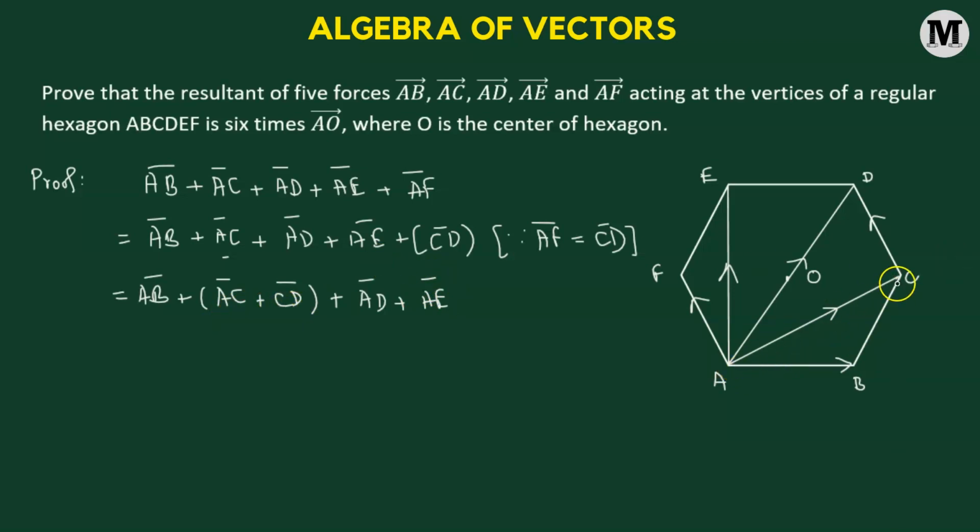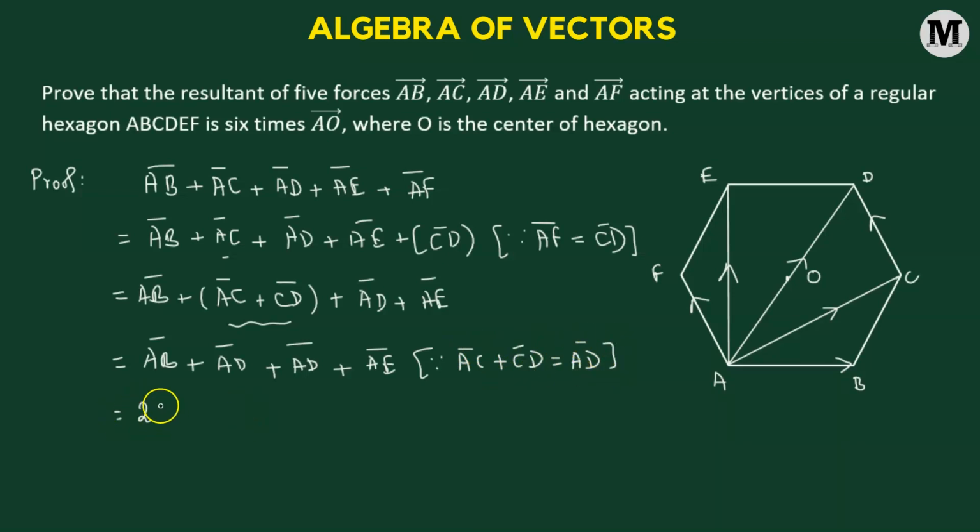That's going to give us the vector AD, from the triangle law of vector addition. So here we have AB vector plus AD vector plus AD vector plus AE vector. Fine. So we have used the fact that AC plus CD equals the vector AD.